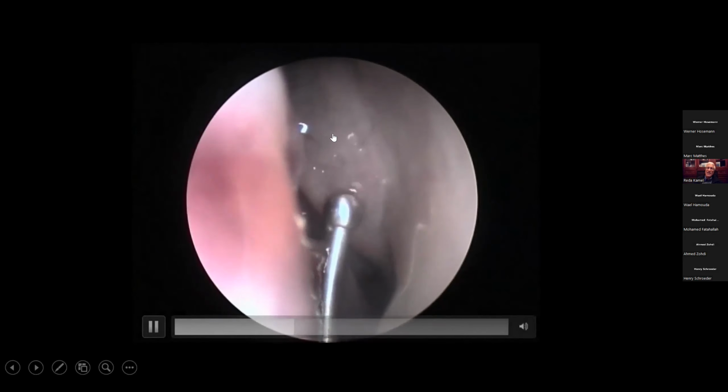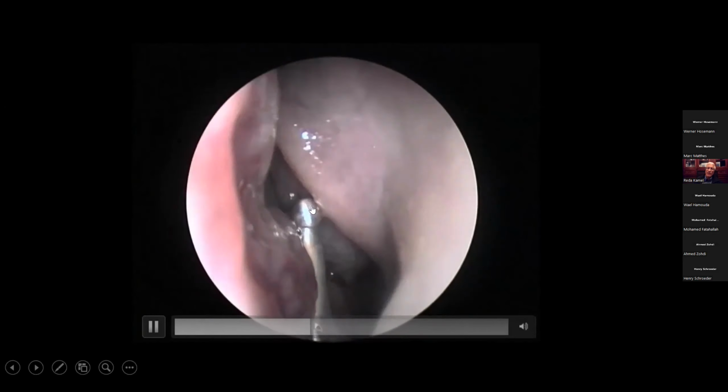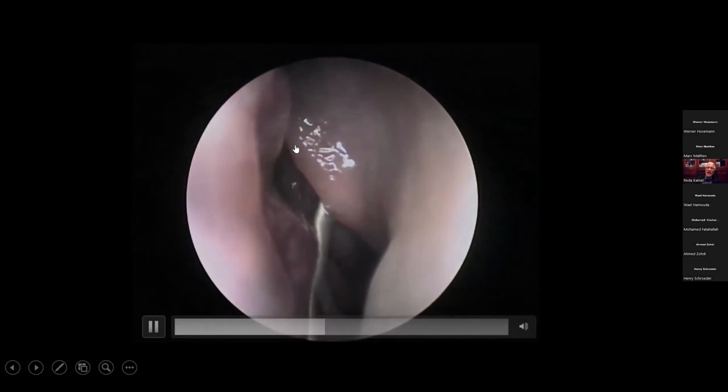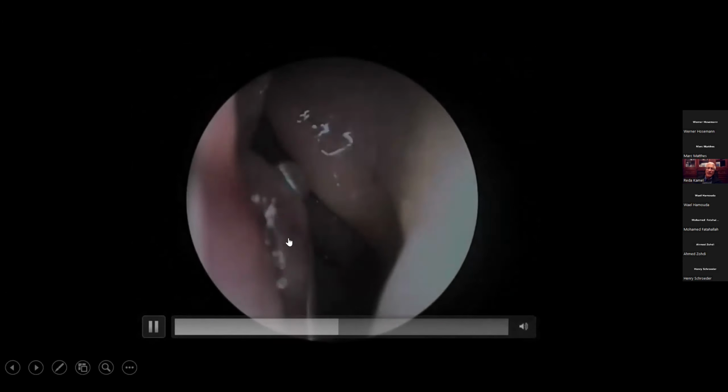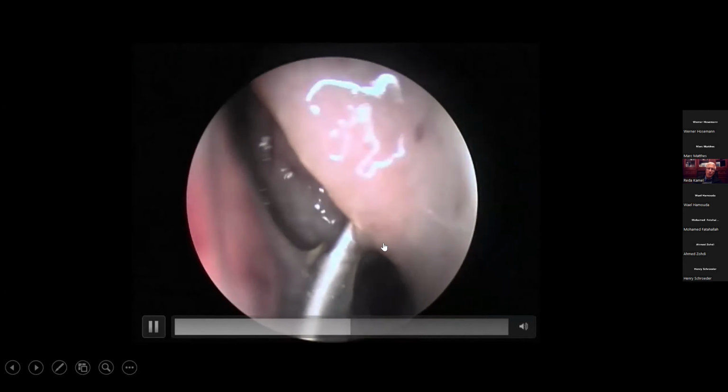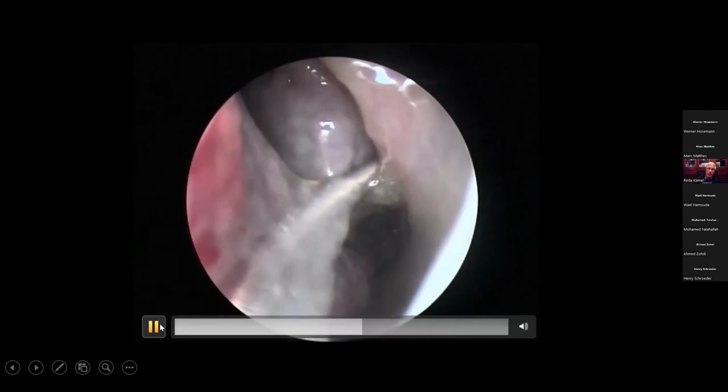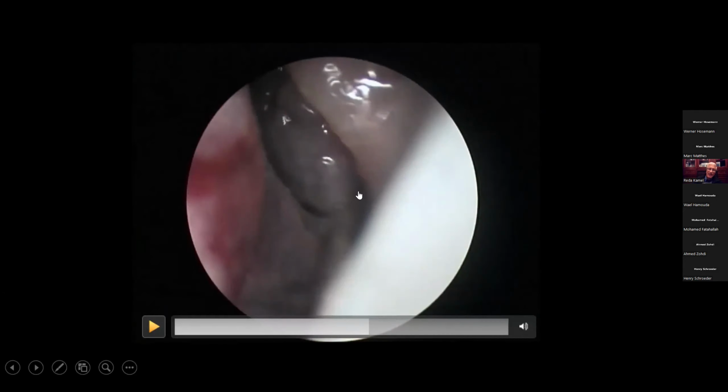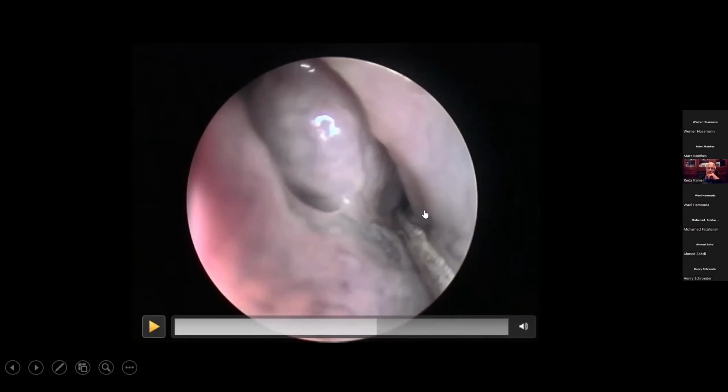Now we are identifying the uncinate, the bulla, and in between, the hiatus semilunaris inferior. And accordingly, anterior and inferior, that's the way into the maxillary sinus ostium. Here we are. That's the way into the frontal sinus ostium at the bulla uncinate angle, anterior and superior.